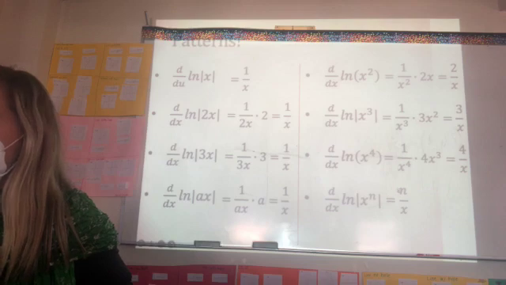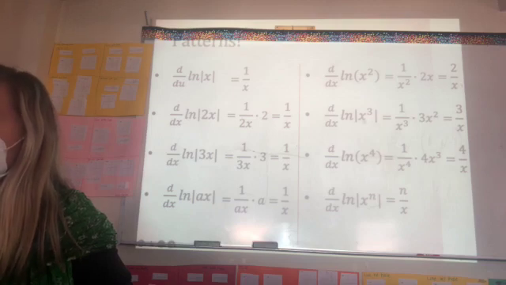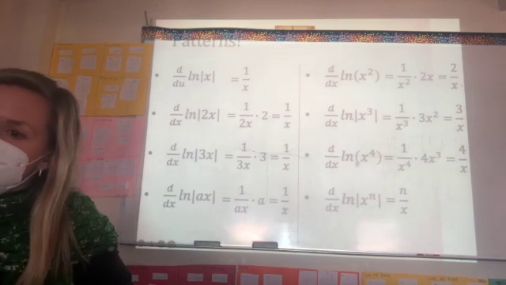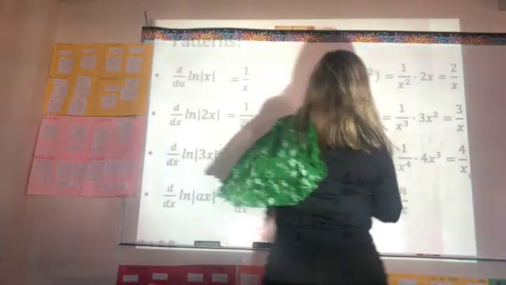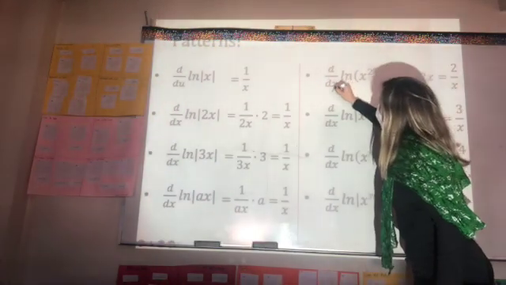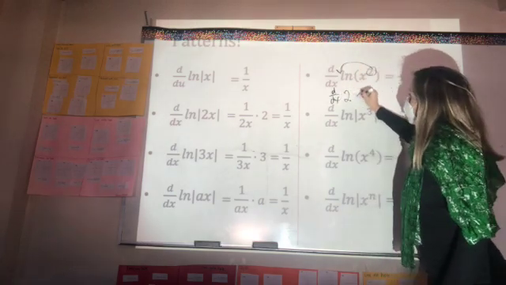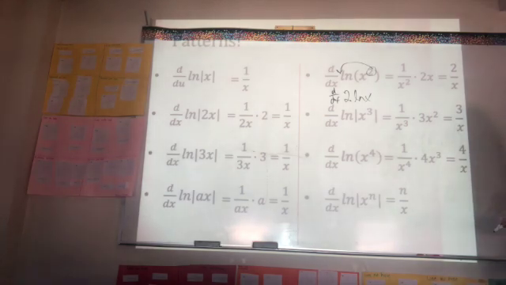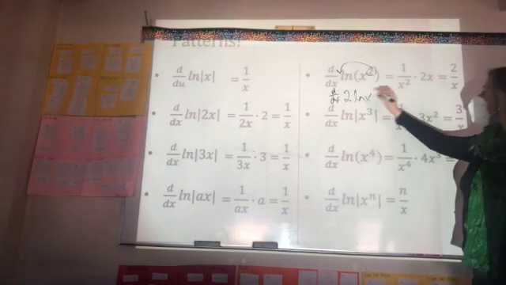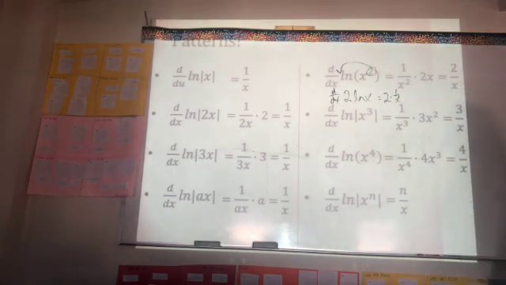We could do this out every time, but the derivative of ln of x squared is 2 over x. Ln of x cubed is 3 over x. Ln of x to the fourth is 4 over x. Because we could also use the power rule to rewrite this as the derivative of 2 ln of x, which would be 2 times 1 over x, which is 2 over x.